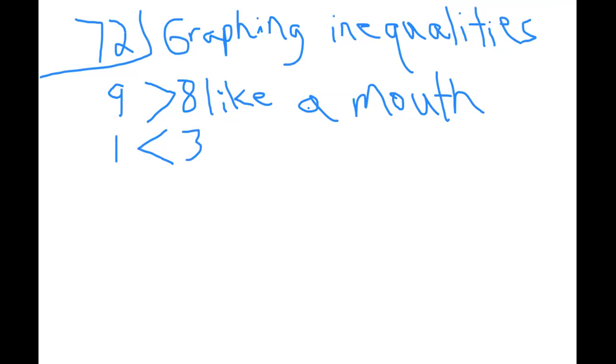All right, so then there are also other inequalities that involve just variables as well. So let's go over a couple of steps to graph. So if we want to graph, there are a couple of steps we want to follow here. So, graph.